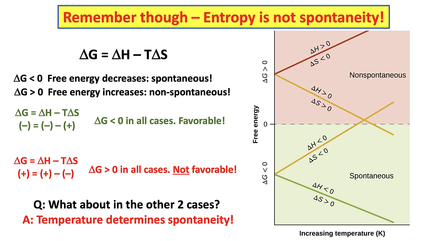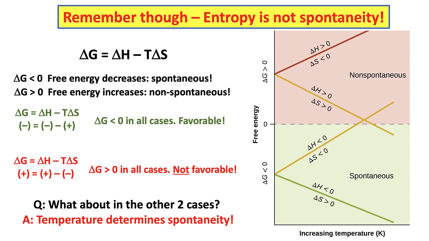Another way to think about this is that imagine the temperature is 0. So if it's endothermic with temperature equals 0 Kelvin, so absolute 0, then delta G is going to be purely determined by delta H. Another way to think about it is if temperature is infinitely large, then only the entropy term will scale, and it'll effectively be equal to only negative T delta S. So entropic contributions scale with temperature, while enthalpic contributions don't.